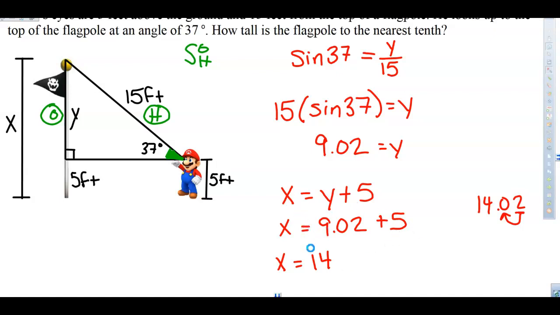This is not exactly a whole number, so we need to have that 0.0. The 2 rounds the 0 down, it stays the same, so we keep the 0. Please make sure that you have a 0 there when you're rounding to the nearest tenth, if it's not a whole number when you first put it in your calculator.